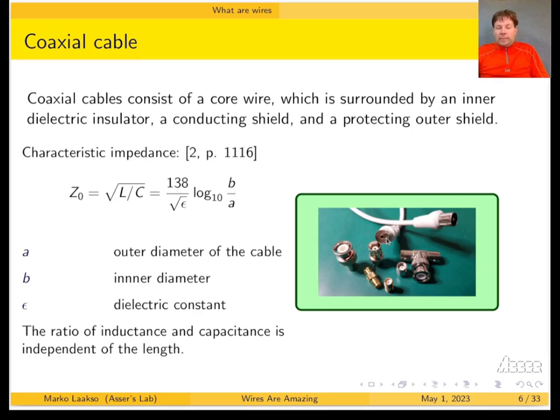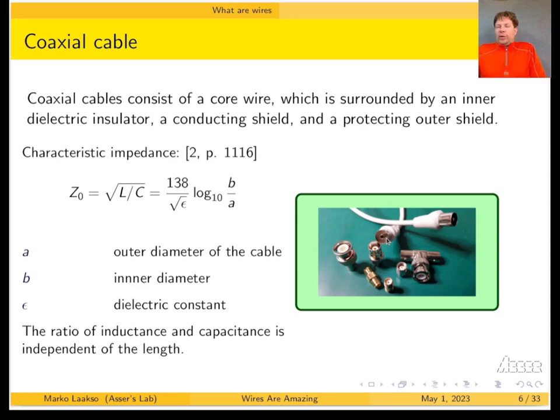If you take this idea further, there are waveguides which are used for microwaves especially. Basically, you omit the inner core and you have a conductive tube, and the microwave propagates within this tube.